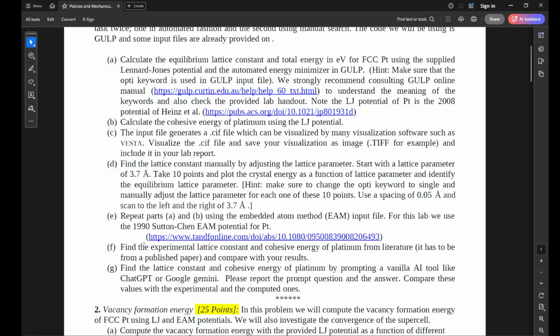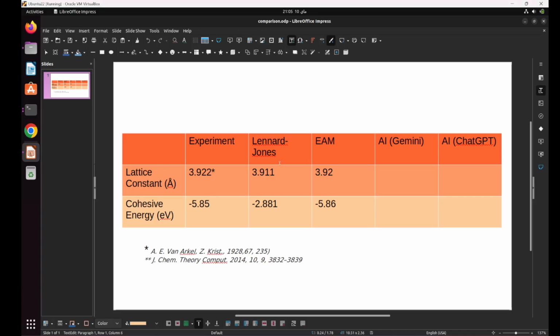So we can combine parts F and G and make a comparison table among all the methods that we have used in this exercise. So this table summarizes the story.